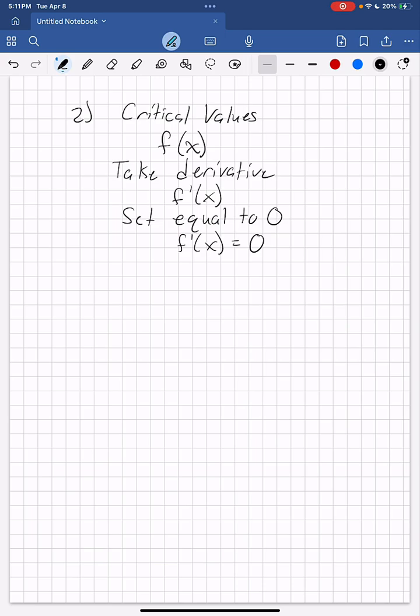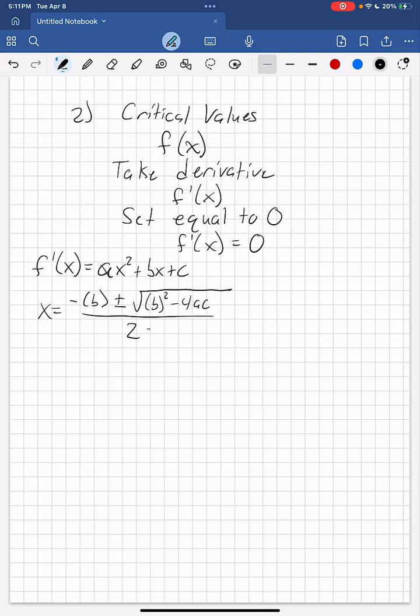We have 2 basic options that we could come up with here. One being a quadratic. So if f prime of x is a quadratic, like ax squared plus bx plus c, then you need to use the quadratic formula, which is negative b plus or minus the square root of b squared minus 4ac, all over 2a.